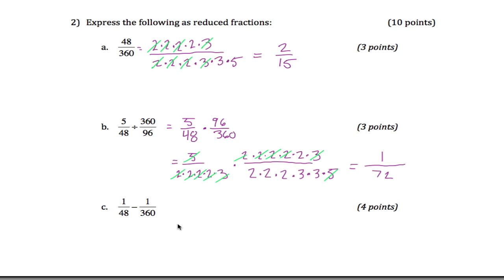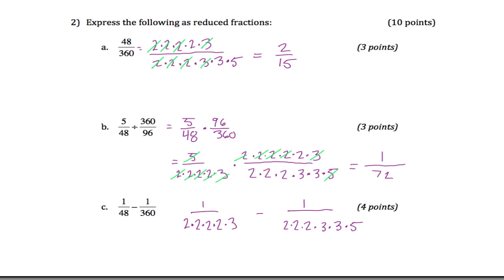This last one, now we're subtracting, and this is a tricky one because we don't have common denominators. So we'll want to get common denominators, and again the way we'll do that is prime factorization. 48 is 2 times 2 times 2 times 2 times 3. 360 is 2 times 2 times 2 times 3 times 3 times 5.